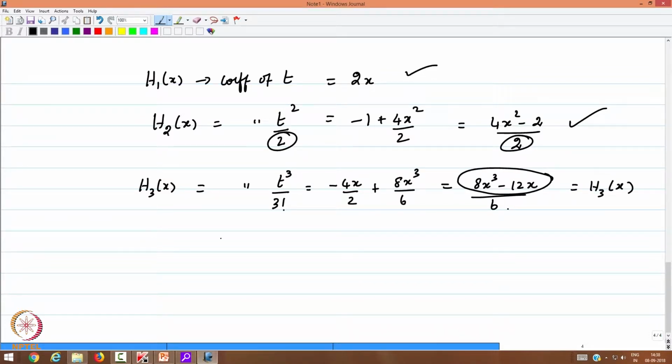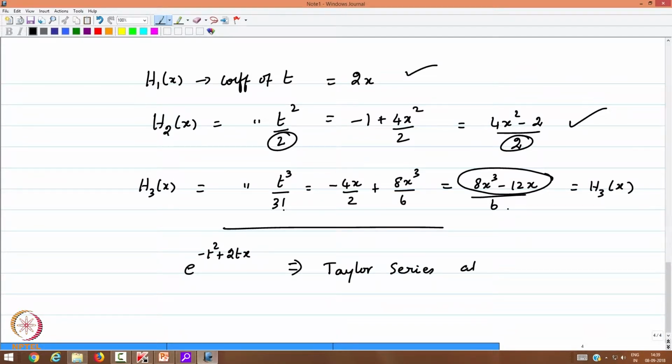So, this is a brute force way. There is another nice way. If the function is a power series, you can see this e to the minus t square plus 2tx. Treat this as a Taylor series, expanded at t is equal to 0.